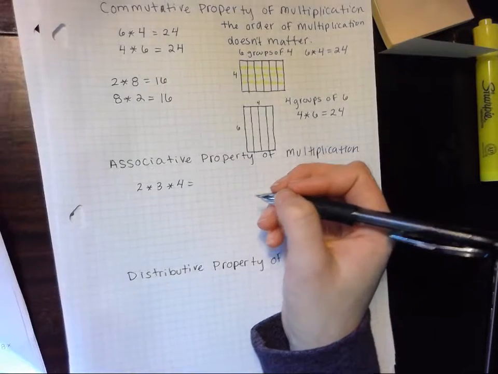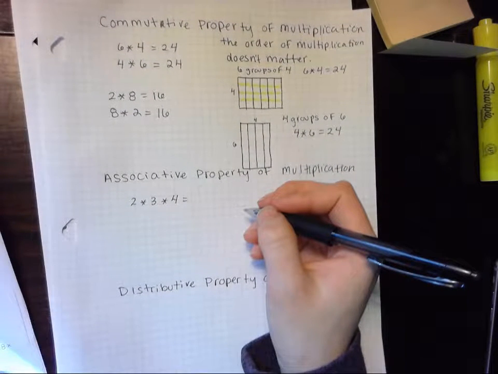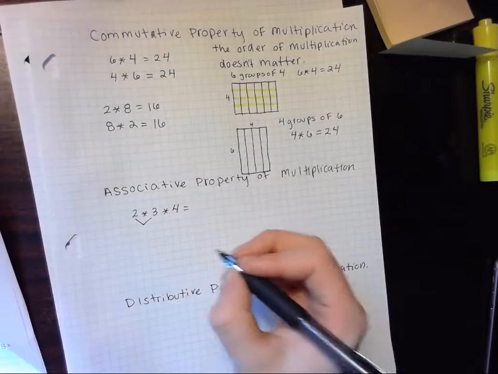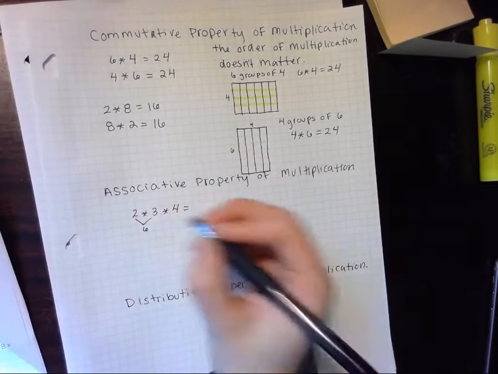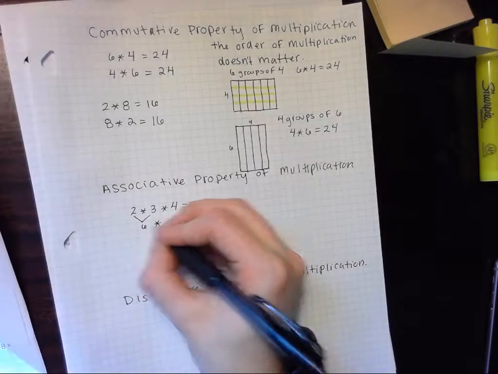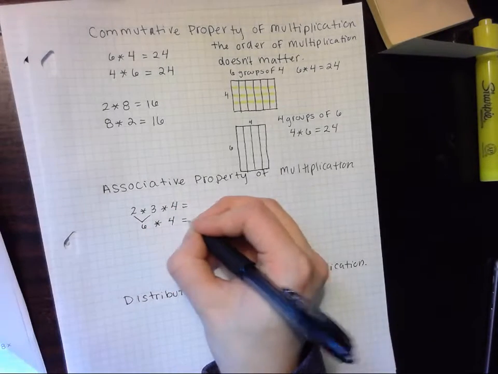And this kind of goes along with the idea of up top, where the order you multiply doesn't matter. So 2 times 3 is 6, and then we multiply that product by 4 to get 24.